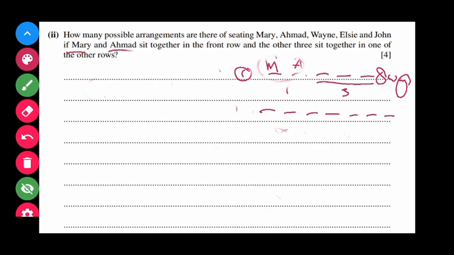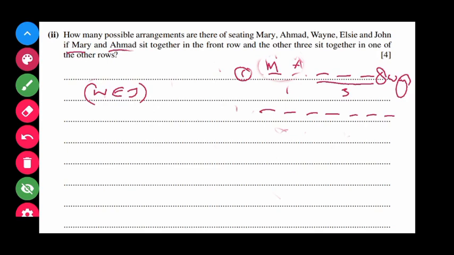Here what they have given is, and the other 3 sit together. Other 3, who are the other 3? Wayne, Elsie and John. They sit together.